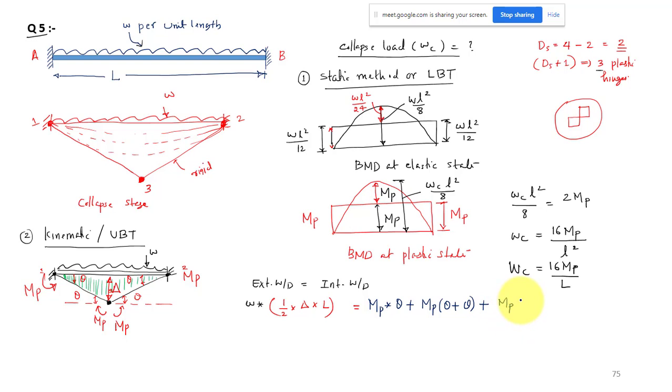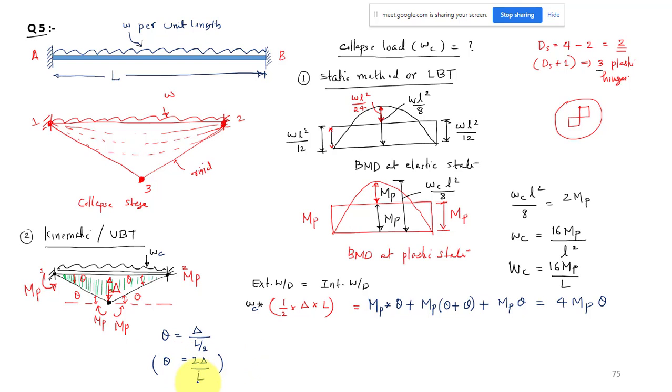Always at this plastic hinge we have to show the moment MB on the two sides, that is why MB theta plus MB theta. Finally this will be 4 times MB theta. And what is the relation between theta and delta? You can write theta is equal to delta by L by 2, that is 2 times delta by L. That will be the value of theta.